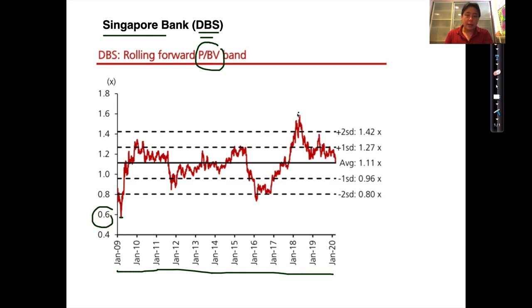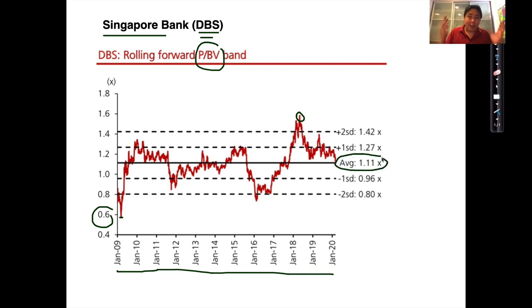It went as high as 1.55 in 2018. Right, so it goes up and down. So over the last 10 years, what has been the average price to book ratio for DBS Bank? Well, it's been 1.11. There you go.